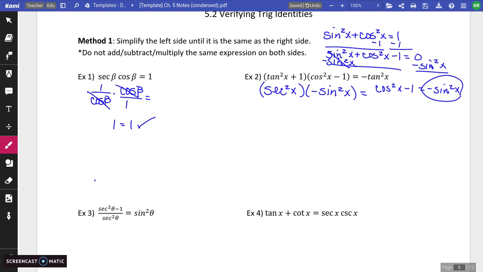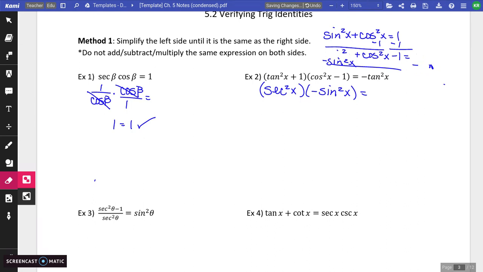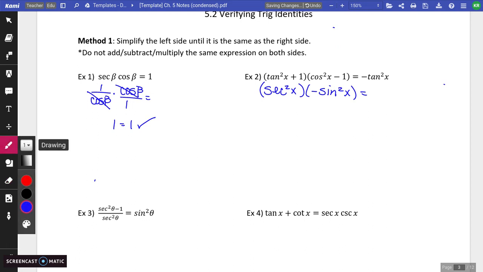Okay, so now, how does that help us? Well, remember, one of the tools you have to use is changing things to sines and cosines. So secant squared, let's rewrite that as 1 over cosine squared and see if that helps us out. So this would be 1 over cosine squared x times negative sine squared x, and that would be over 1.